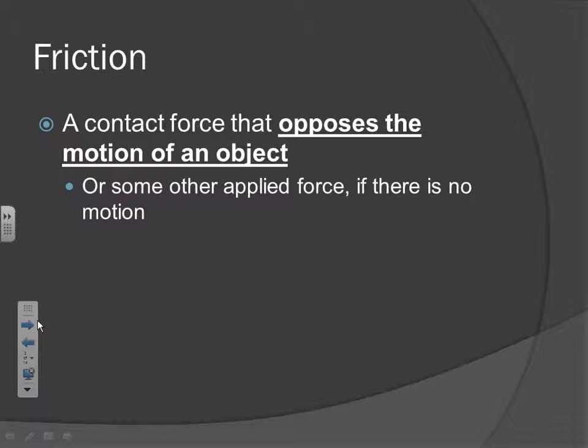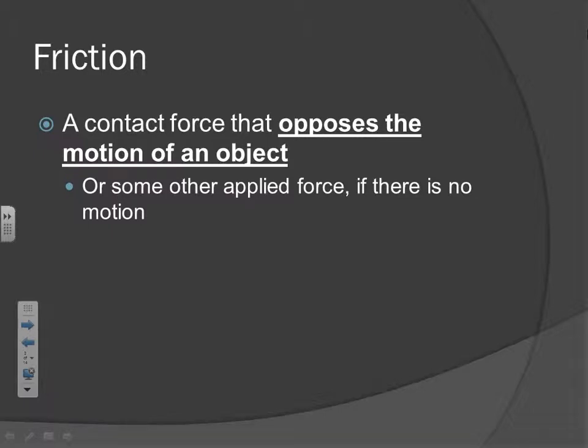So friction is always an opposing force, meaning when we examine it in a problem, it's generally going to show up as negative. Not always, depending on how we decide what's positive and negative, but generally it's going to show up as a negative force. Okay?